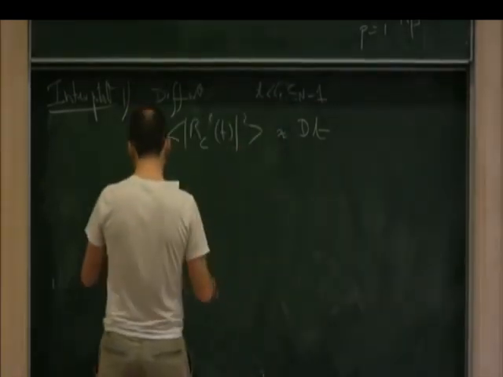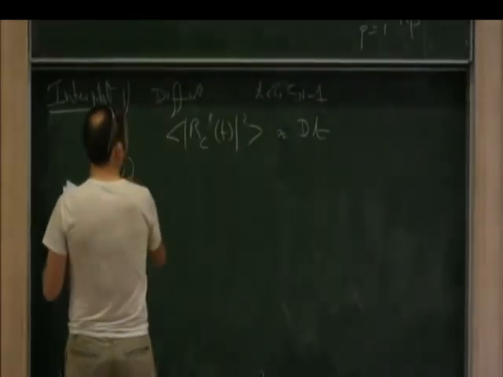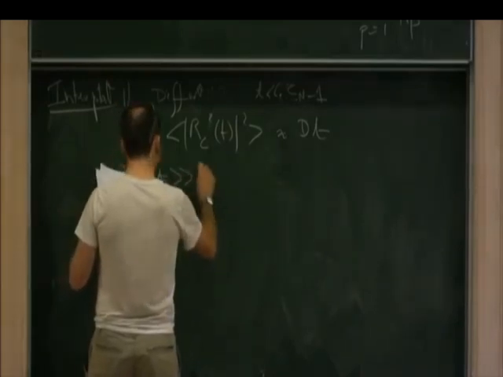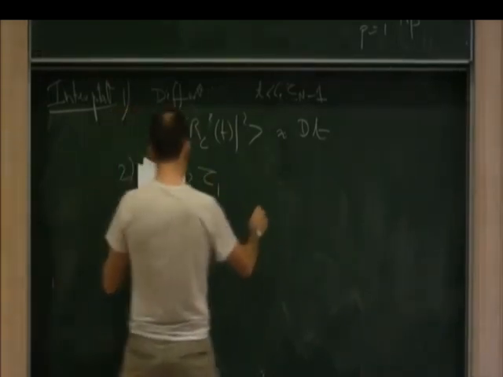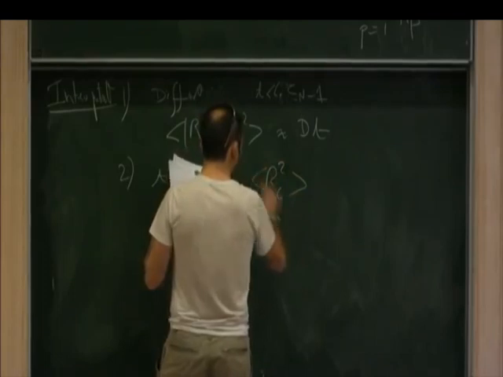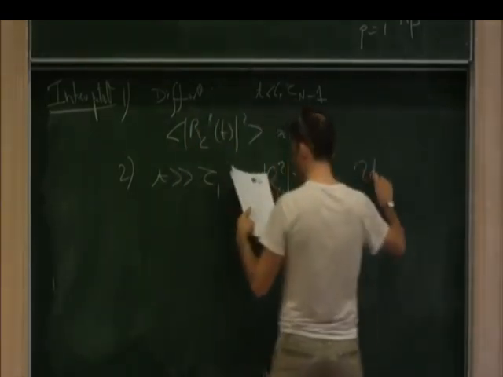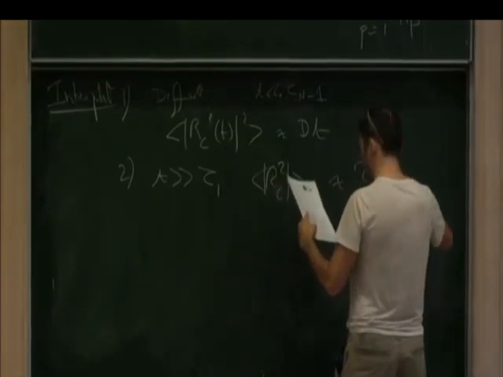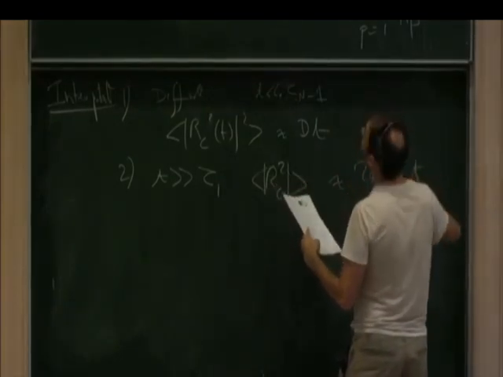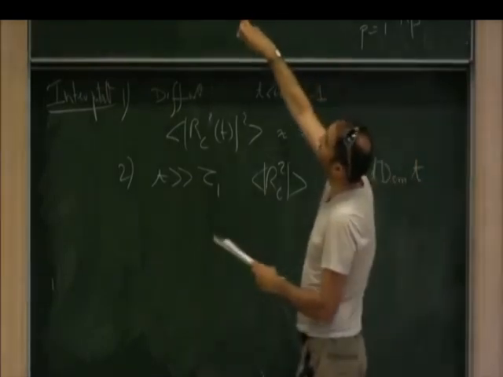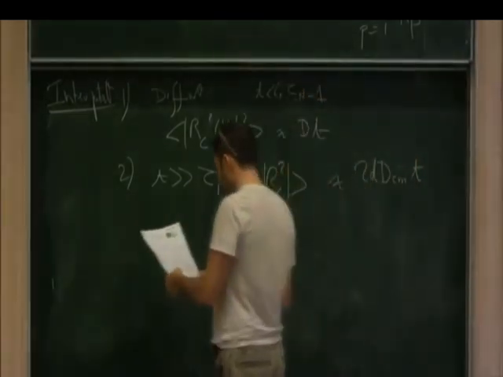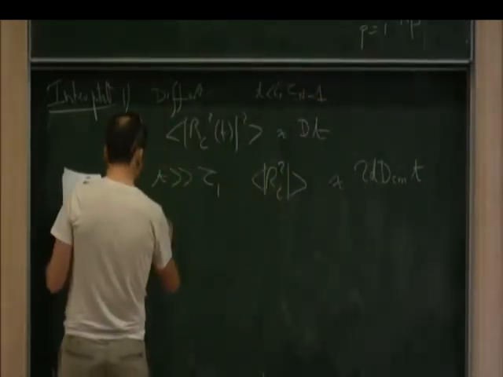Now, if the time t is bigger than tau 1, R_C behaves like 2d D_cm t, where d is the dimension, D_cm is the center of mass diffusion, and D_cm is D divided by the number of beads. And in between is the anomalous regime that we would like to discuss.